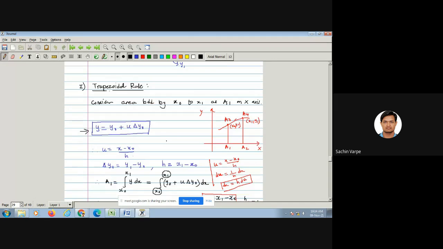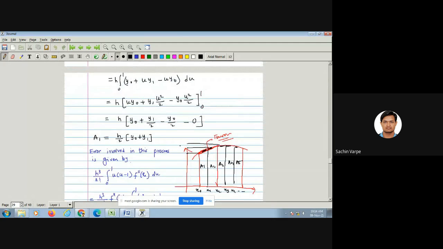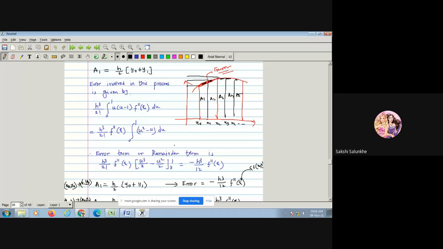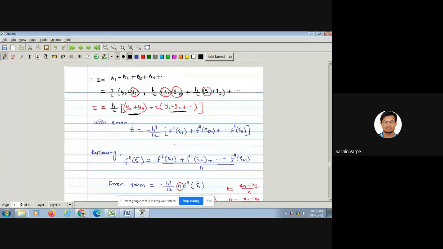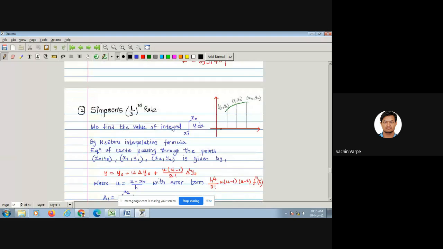I think we have discussed the trapezoidal rule and the example, right? So let us proceed with the next, that is Simpson's 1/3 rule.